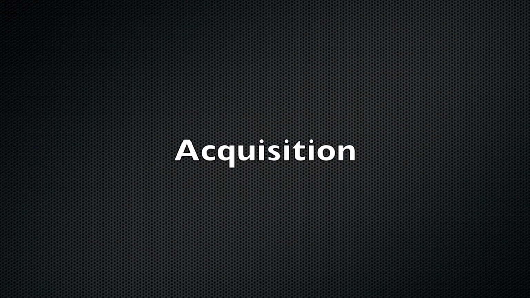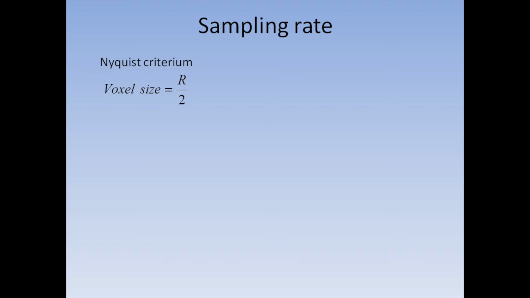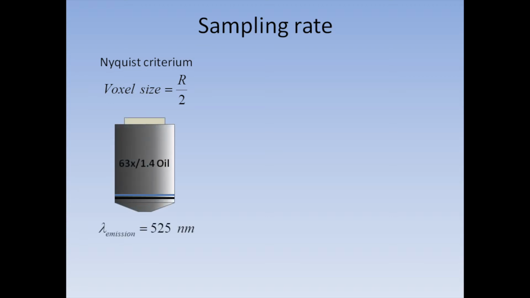Before starting the acquisition, it can be useful to call back the notion of sampling rate. According to the Nyquist criterion, the voxel size should be 2 times lower than the microscope resolution. In our case, with a 63x objective of numerical aperture 1.4 and with a 525 nanometers wavelength, the lateral resolution is 229 nanometers and 536 nanometers for the z-axis.